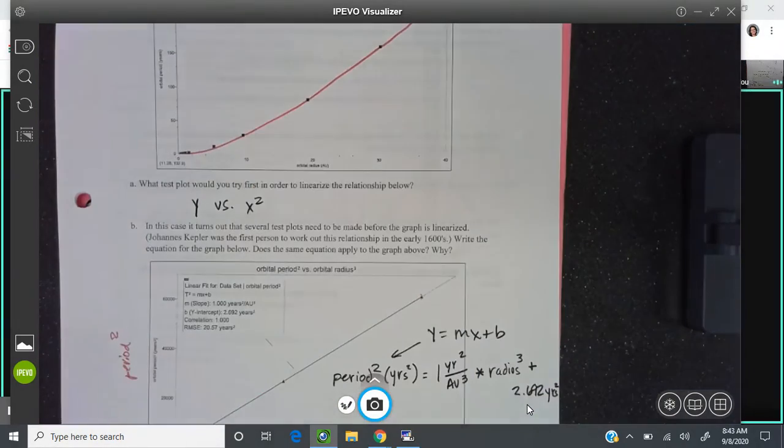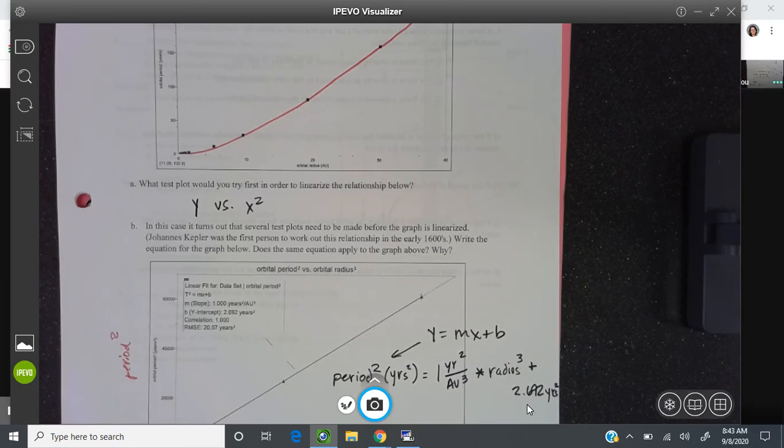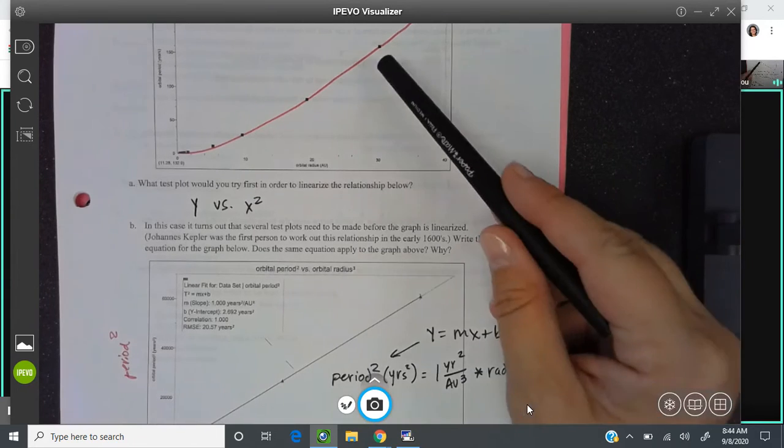Does this equation apply to this? Did we find the equation for that line? What do you guys think? What would the equation for that line look like? Yeah, so this equation does describe this line up here.